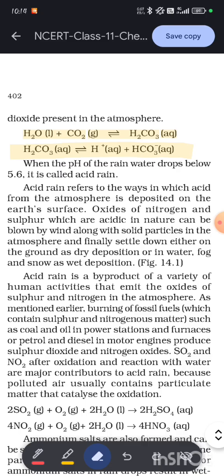As mentioned earlier, burning of fossil fuels which contain sulfur and nitrogenous matter such as coal and oil in power stations, furnaces, or petrol or diesel in motor engines produces sulfur dioxide and nitrogen oxides, SO2 and NO2. After oxidation and reaction with water, these are major contributors to acid rain because polluted air usually contains particulate matter that catalyzes the oxidation.